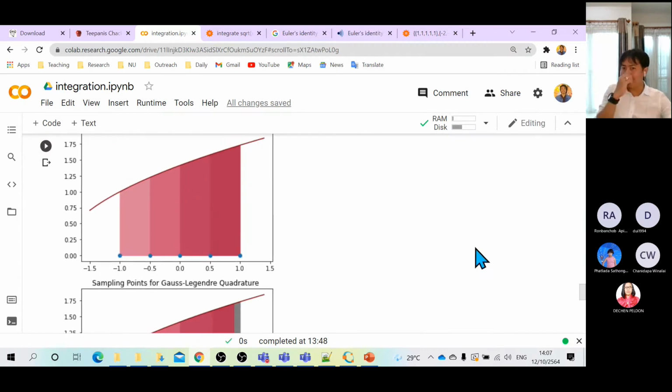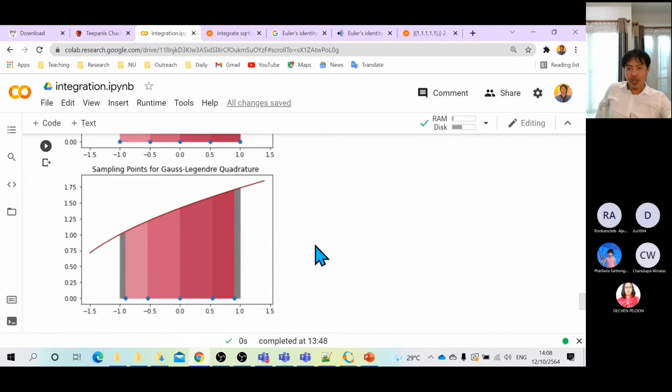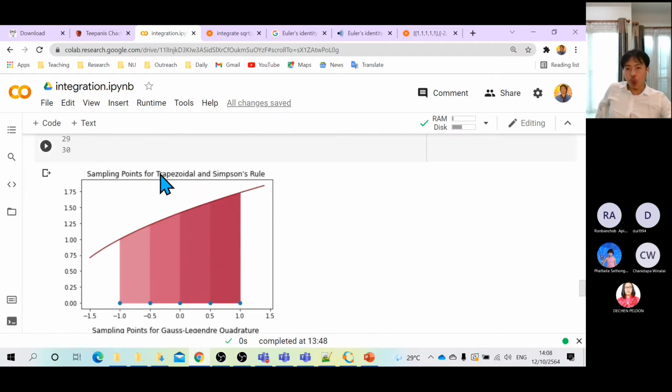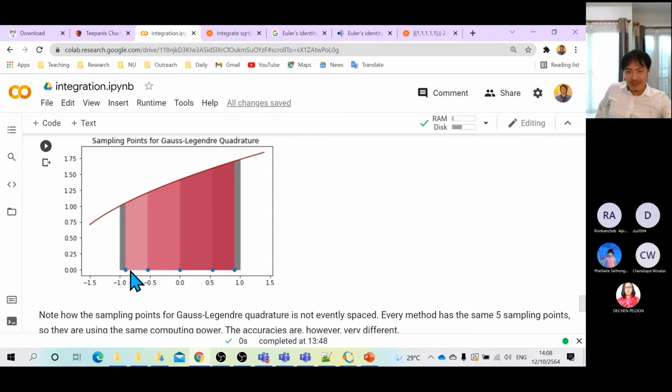She showed in her homework solution how to use shaded colors to show the sampling points of these quadratures. With the simple trapezoidal and Simpson's rules, the spacing between sampling points is equal. It's evenly spaced. However, for the Gauss quadrature, you have uneven sampling points, smaller at the edges and bigger in the middle. That's how Gauss was designed.